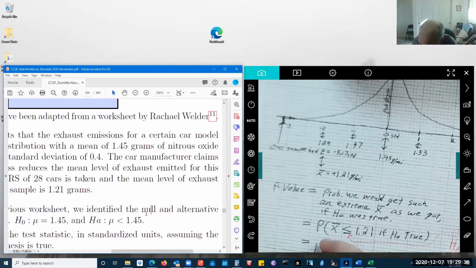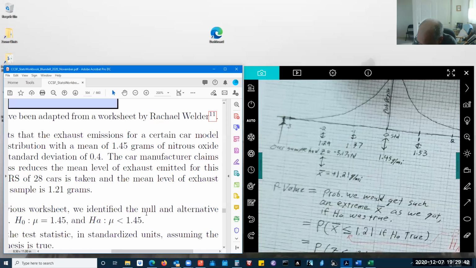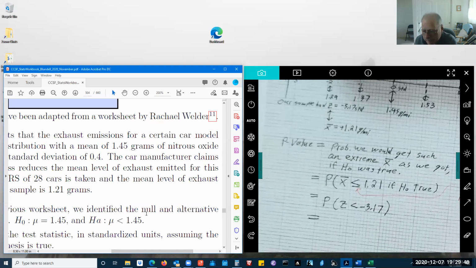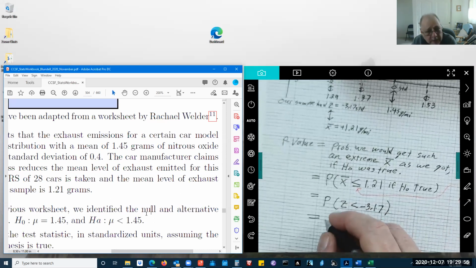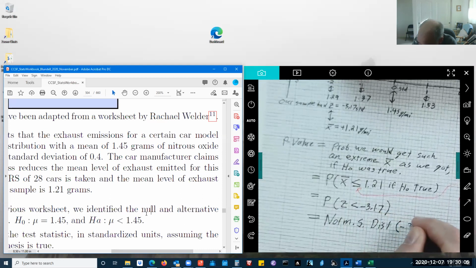So that's why I need the probability that Z's less than negative 3.17. I've just converted into standardized units. So I can do that using the standard normal distribution.